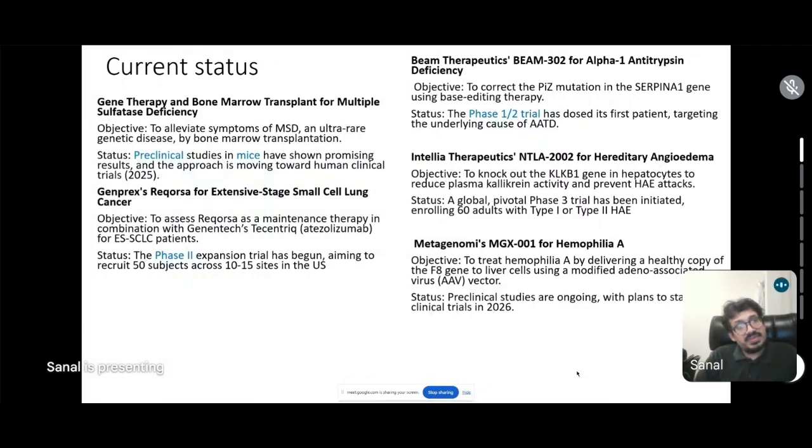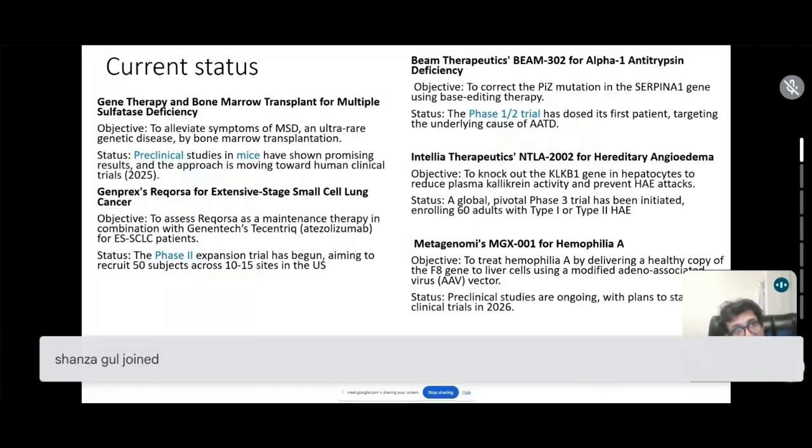So what is the current status? Gene therapy and bone marrow transplant for multiple sulfatase deficiencies. What are sulfatase deficiencies? Probably you might have heard the story of Bechavat. Bechavat was a Bengali scientist who first discovered the cause of a severe neurologically debilitating disease called metachromatic leukodystrophy, which leads to death of those patients.